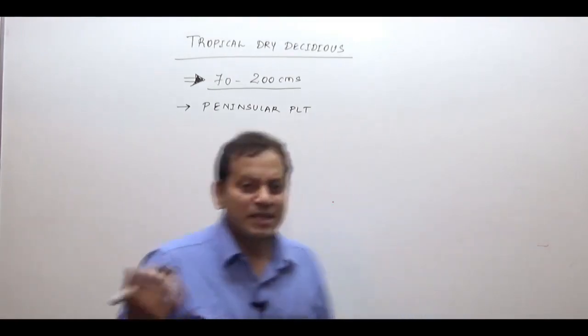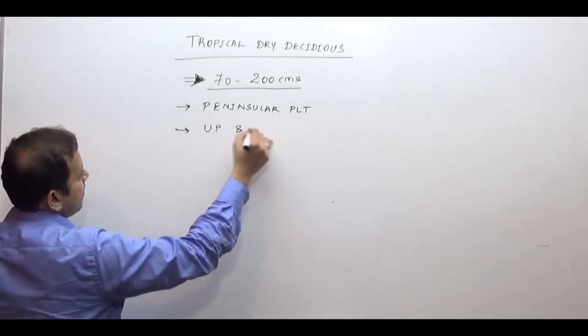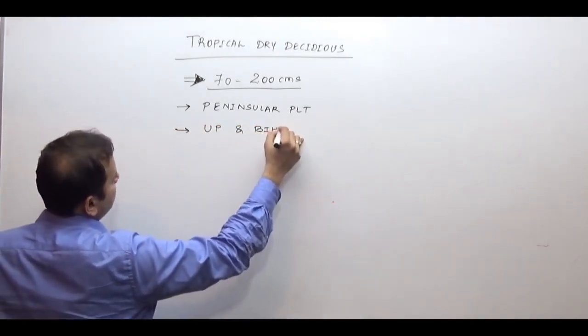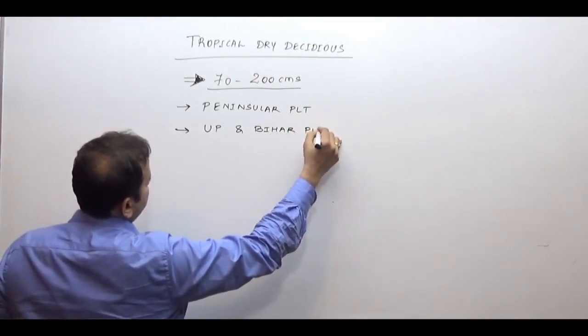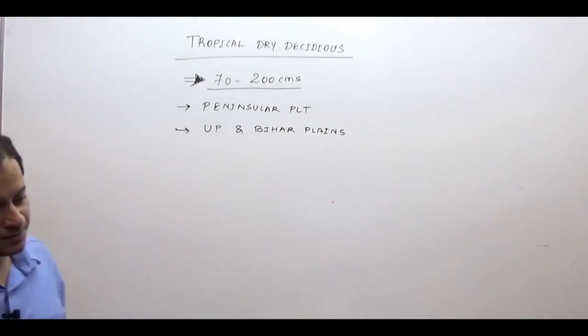It will be found in the Uttar Pradesh and Bihar plains.